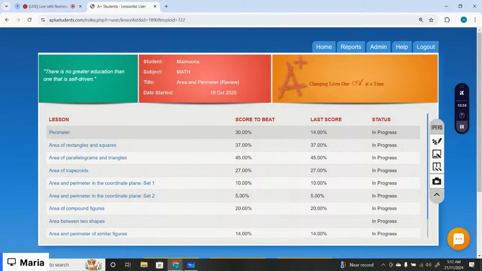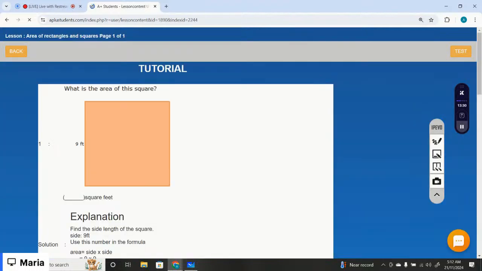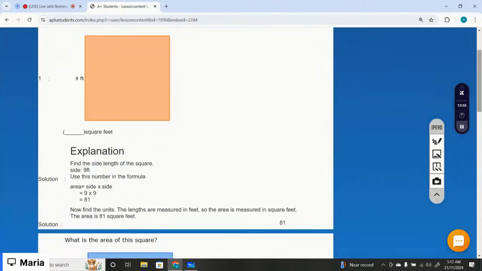The next lesson is area of rectangles and squares. Let's just start with the lesson. What is the area of this square? Which is the correct option? Area of square is side times side.